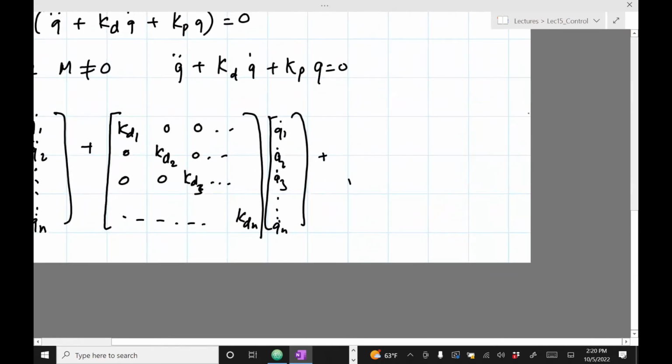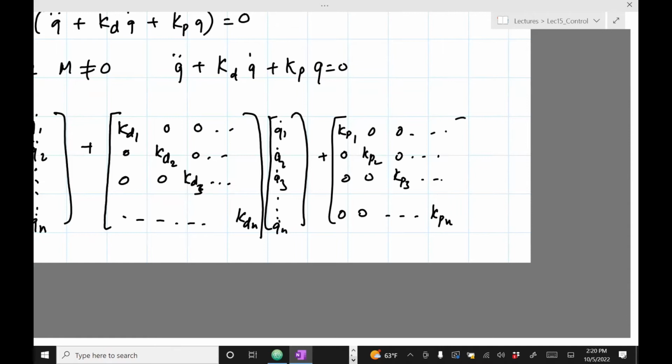Okay, plus KP1, 0, 0, KP2, 0, 0, KP3. Keep going till KPN. Then we have Q1, Q2, so on till Qn.